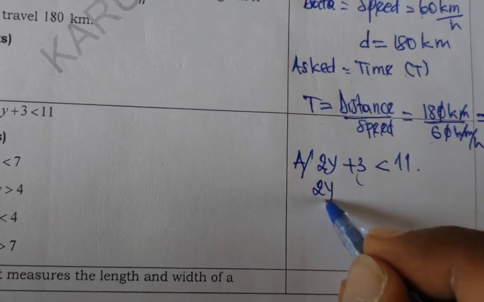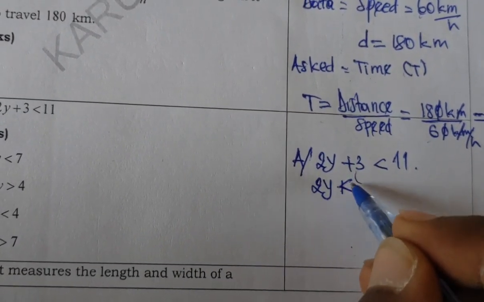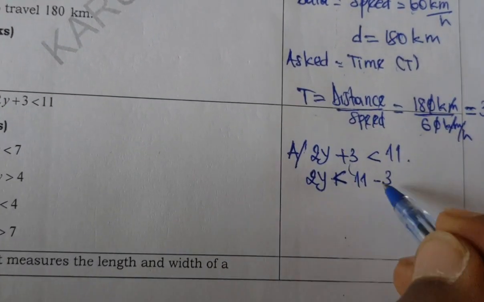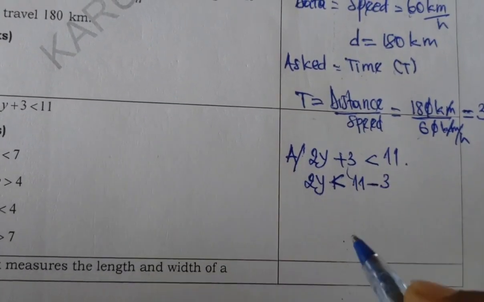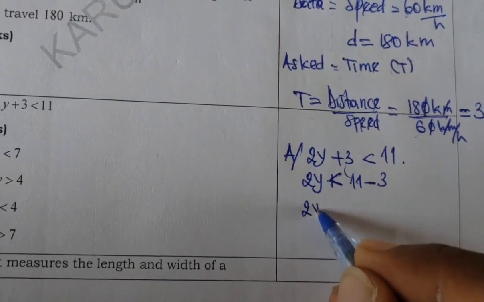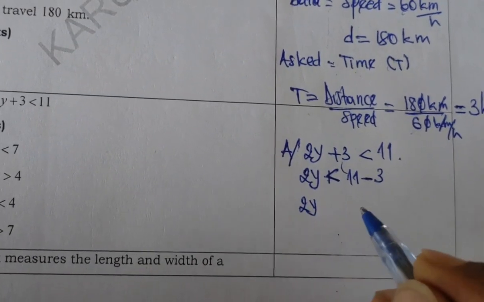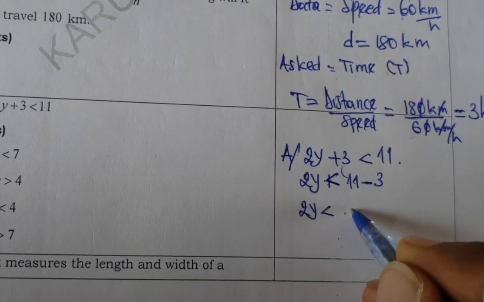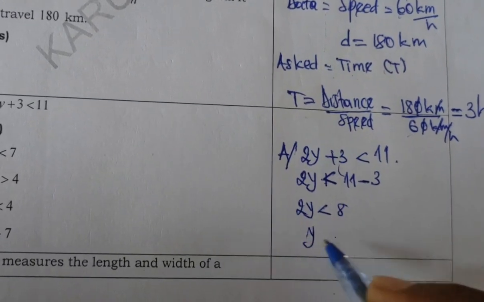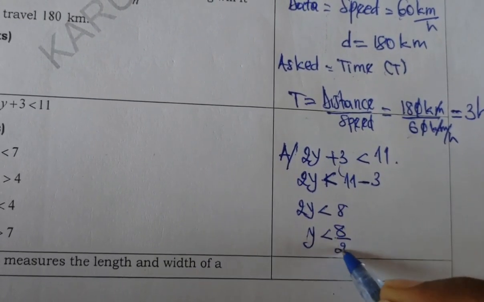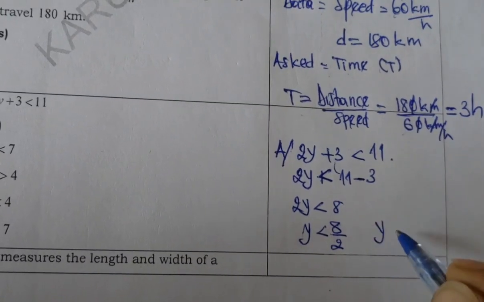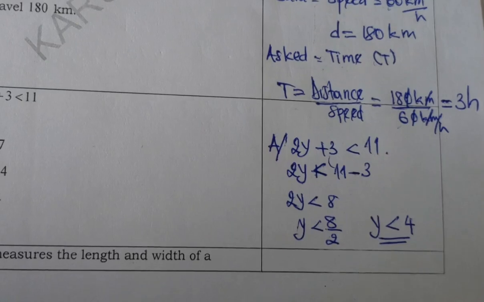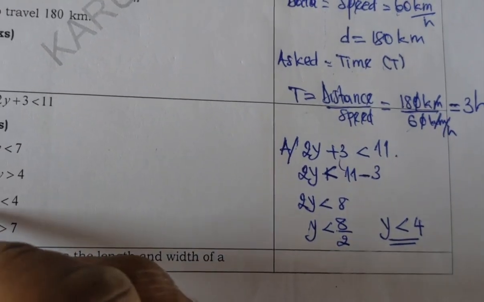Here it becomes 2y less than 11 minus 3. Then 2y will be less than 8. And then y will be less than 8 over 2. Then y will be less than 4. Then the correct choice here is number C.